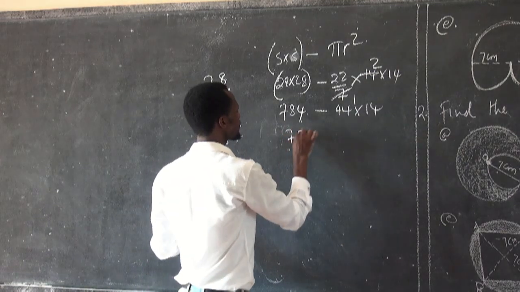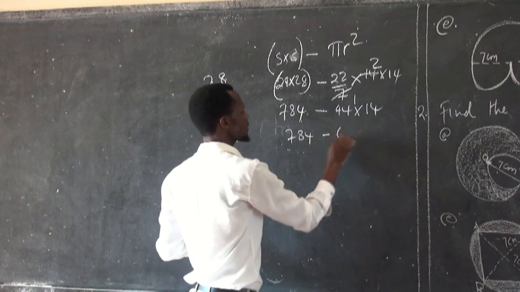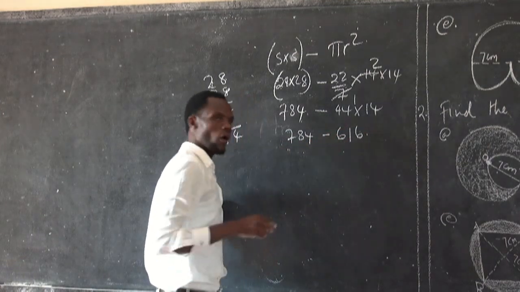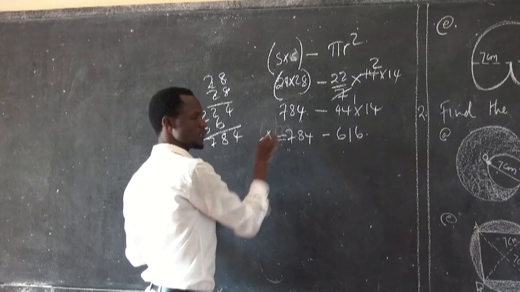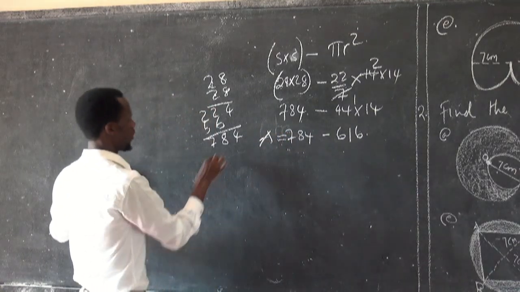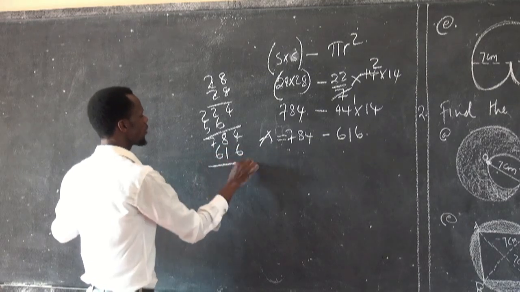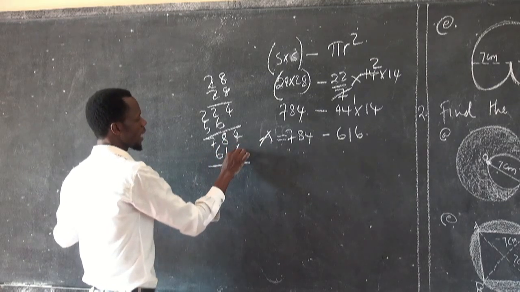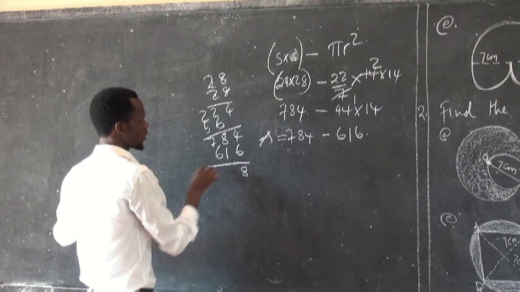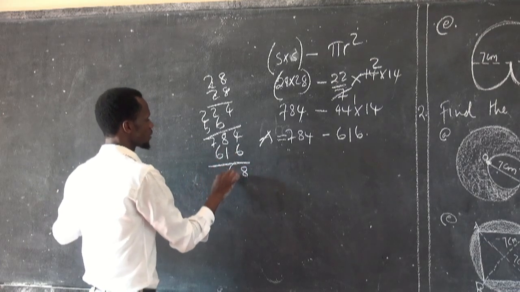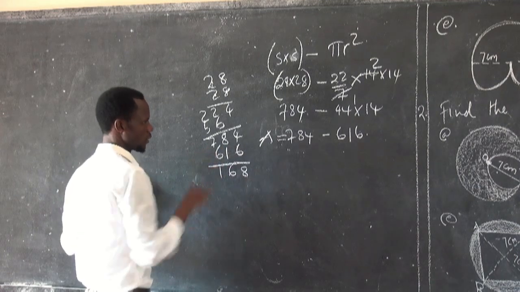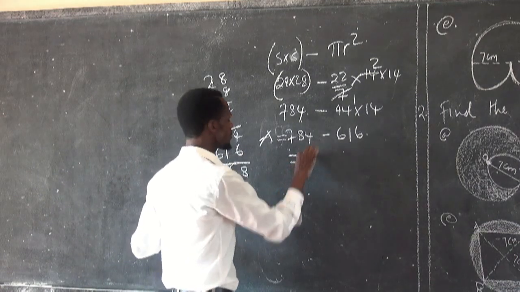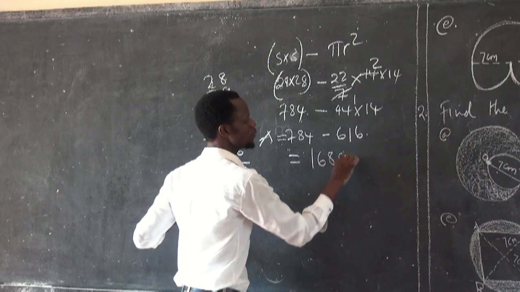Now 784 minus 616. Now we are only subtracting, it is very simple. 14 minus 6, we have 8. Then 7 minus 1, 6. Then 1. Now the answer is equal to 168 centimeters squared.